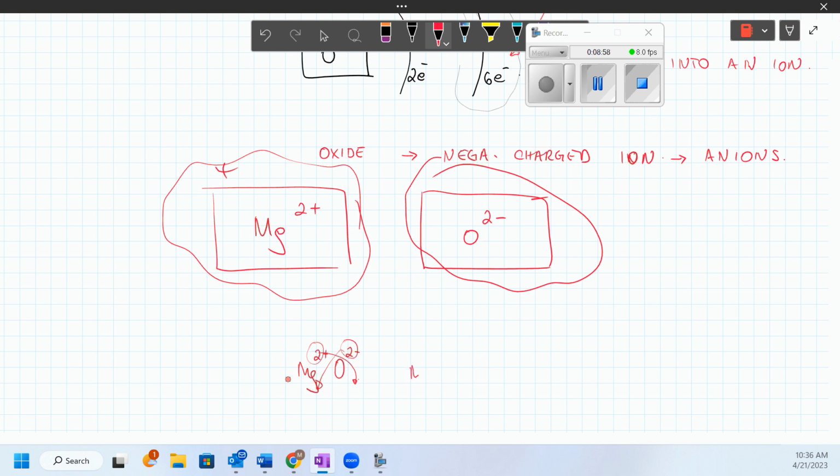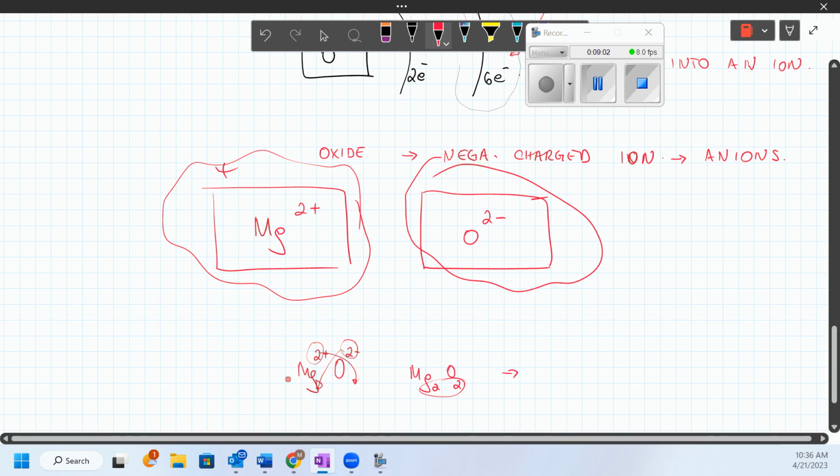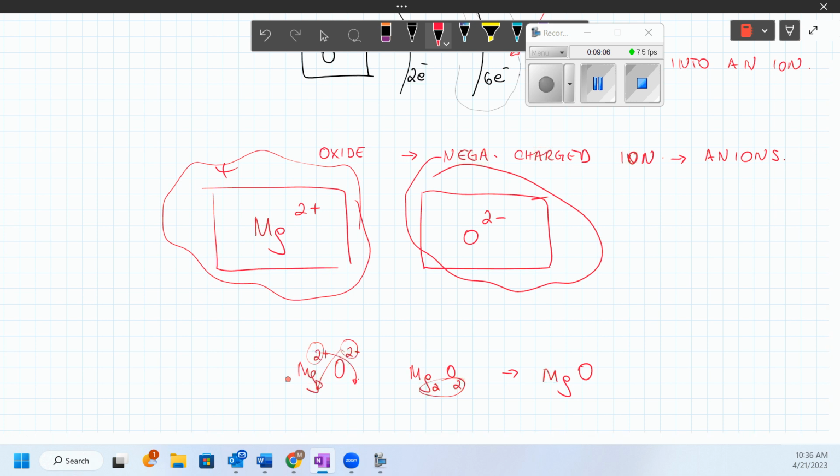So you will have here Mg2O2. Since this is the same, the formula will be MgO, and in the IUPAC rules this is named as follows.